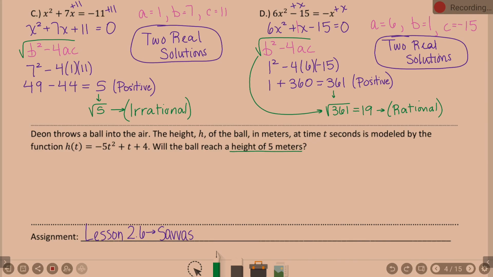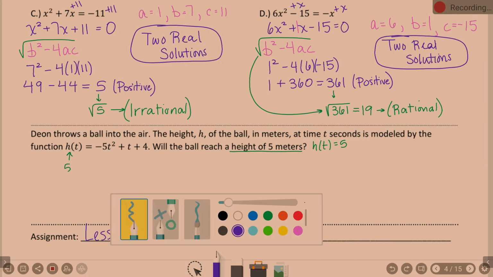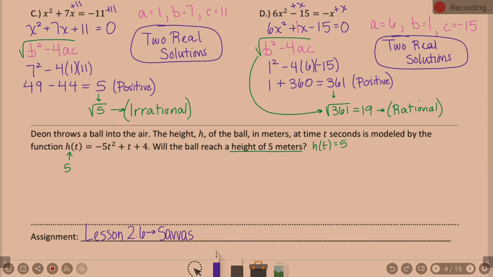Where does that mean I put 5? We're going to make h of t equal 5. So we're going to take this equation here and make it equal to 5. Negative 5t squared plus t plus 4 equals 5.